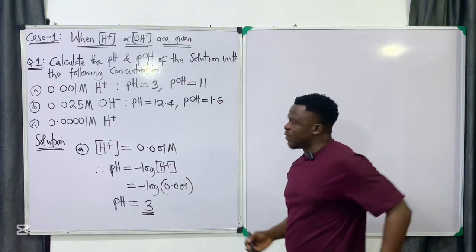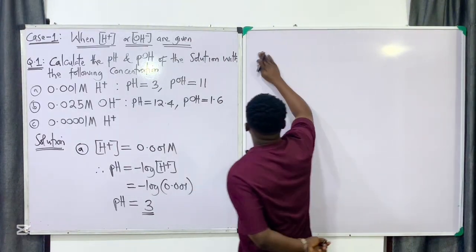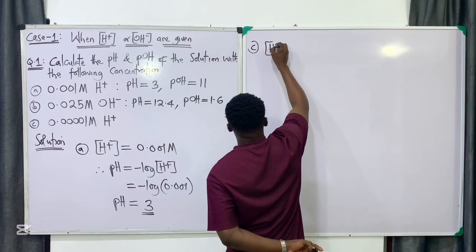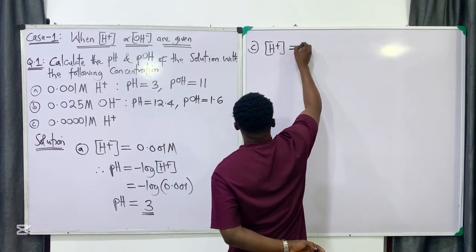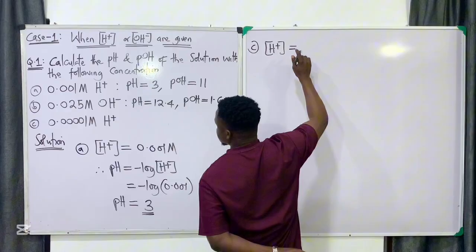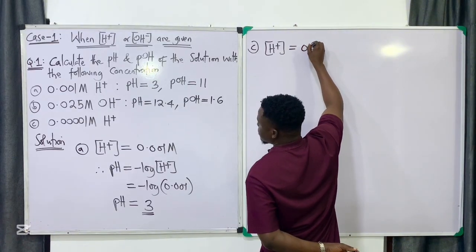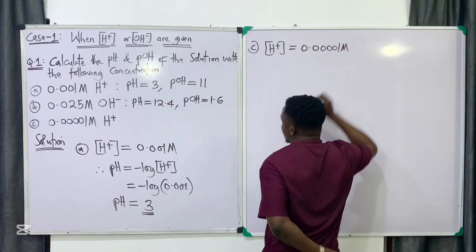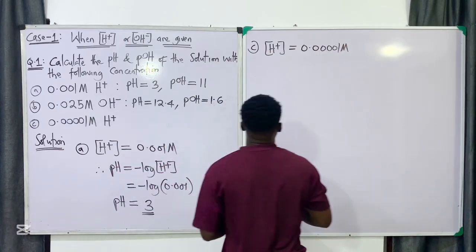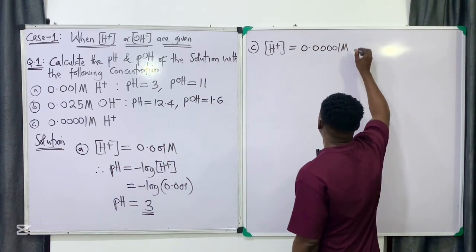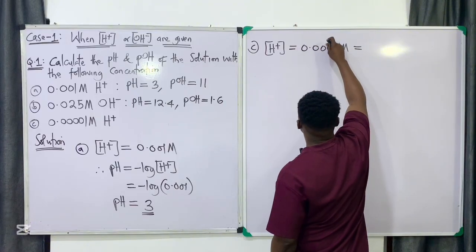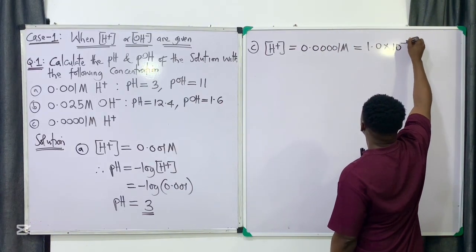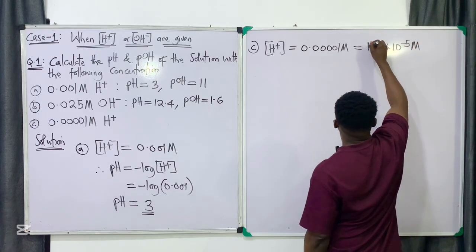Alright, so let's look at the next one, C. We have H plus equal to 0.00001 molar, which is equivalent to 1.0 times 10 raised to the power of minus 5 molar.